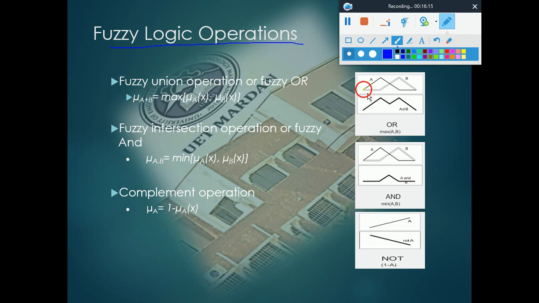For example, if we have a function a starting from this point to this point, and function b starting from this point to this point, the union will include the covered area, the values covered by both a and b, and the intersection gives the common values of a and b, and the complement means those values which are not included in the set of a or b.